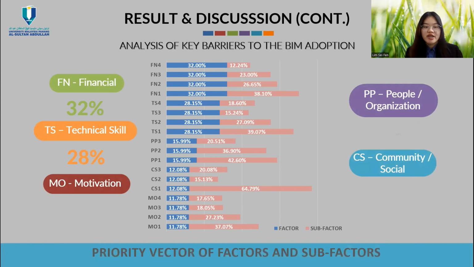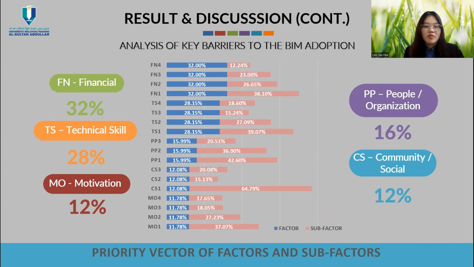The pairwise question has been evaluated using the AHP, and the priority vector of the factors and subfactors is presented in this chart. The most significant key barrier identified is financial, which is at 32%, followed by technical skill at 28%, while the least significant barriers are motivation and community social, both at 12%.